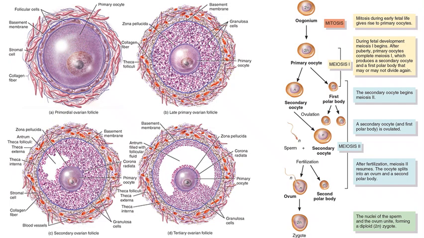If the first polar body undergoes another division to produce two polar bodies, then the primary oocyte ultimately gives rise to three haploid polar bodies, which all degenerate, and only a single haploid ovum. So one primary oocyte gives rise to a single gamete, but by contrast, if you remember in males, one primary spermatocyte produced four gametes.